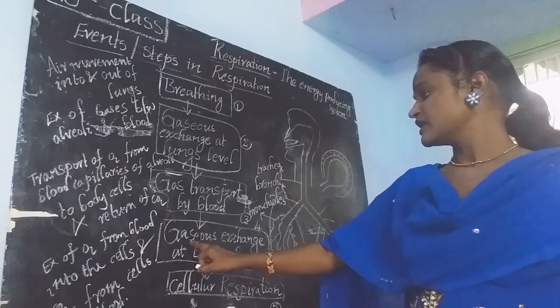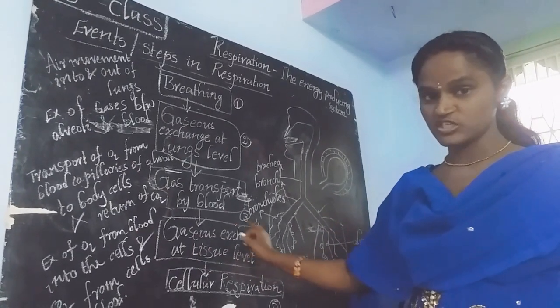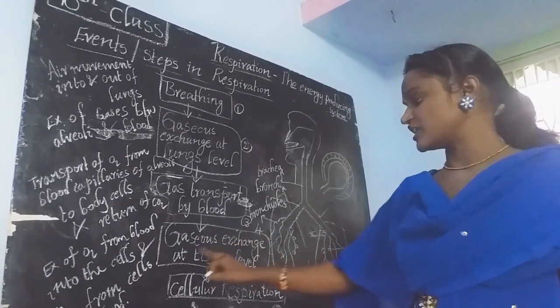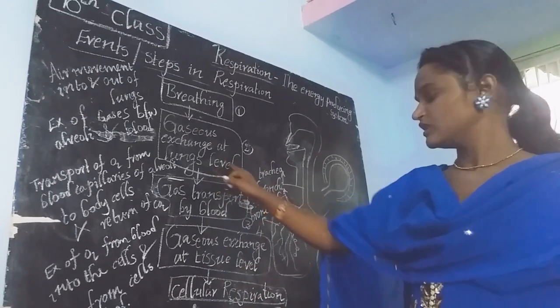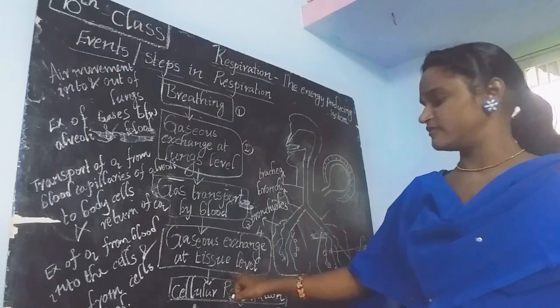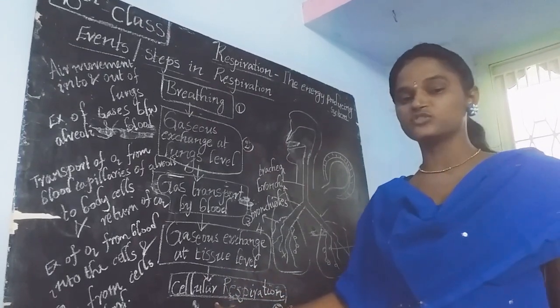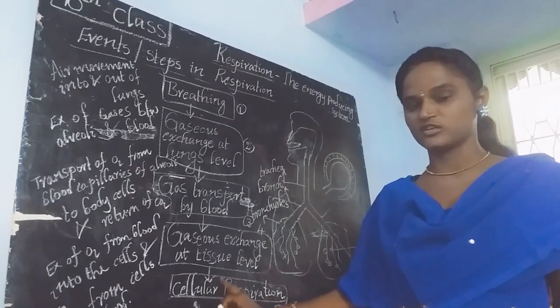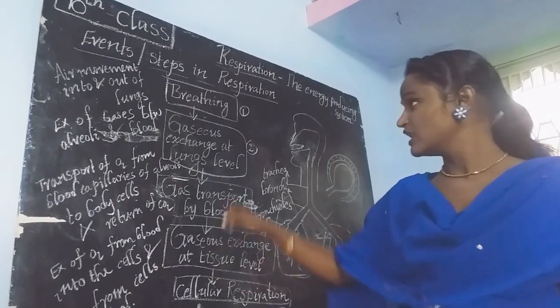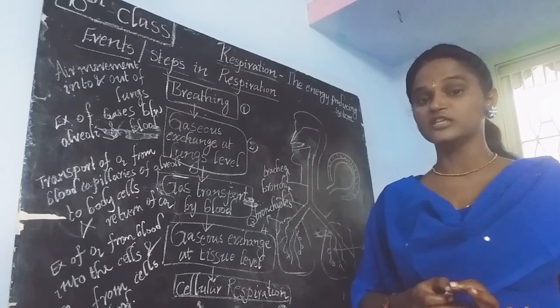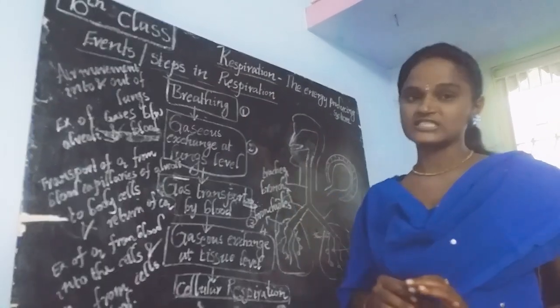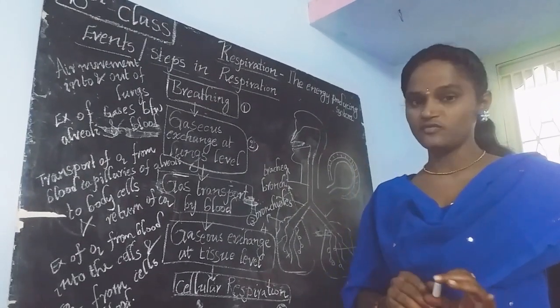And the fourth step, gaseous exchange at tissue level. This one at lung level, this one at tissue level. Finally, it ends with cellular respiration. Like this, 5 events are very important while we discuss the events of respiration.